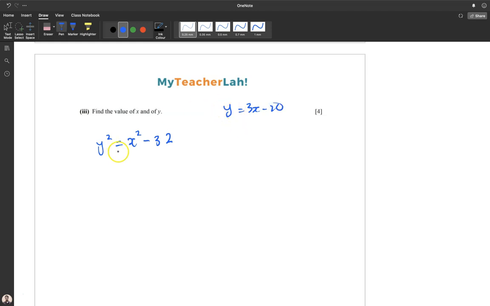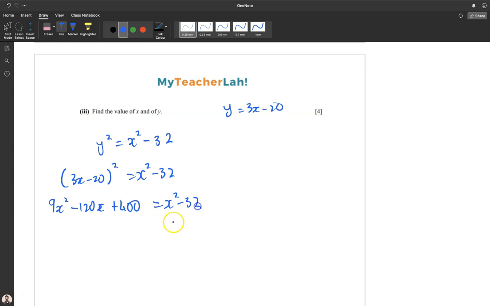I'm just going to take this and put it here. (3x minus 20) squared equals x squared minus 32. This is basically just a simultaneous equation. Rearrange everything and expand, you will get 9x squared minus 120x plus 400 equals x squared minus 32.